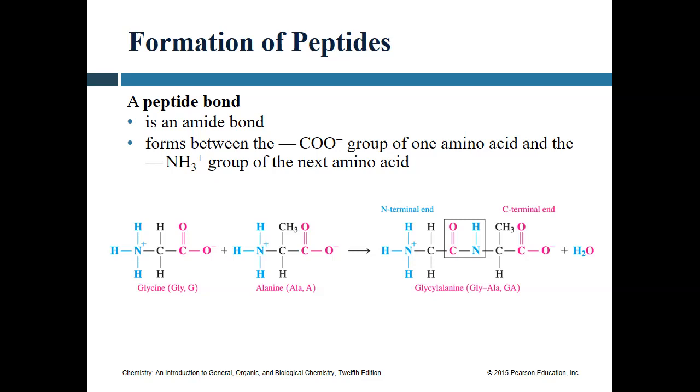So again, just recapping a little bit of what we've been talking about here. We're talking about the formation of amide bonds. And the amide bond comes about as the result of the connection between the carboxylic acid, the C end, and the amino group, the N end of another amino acid.